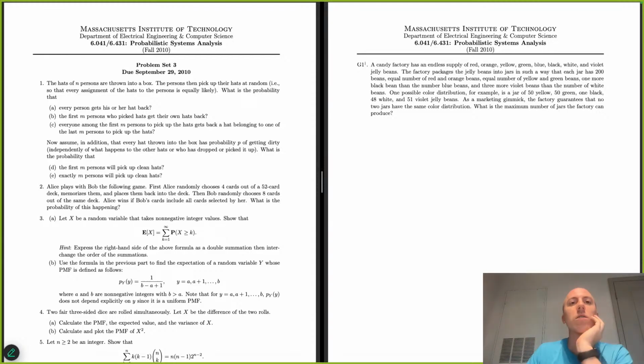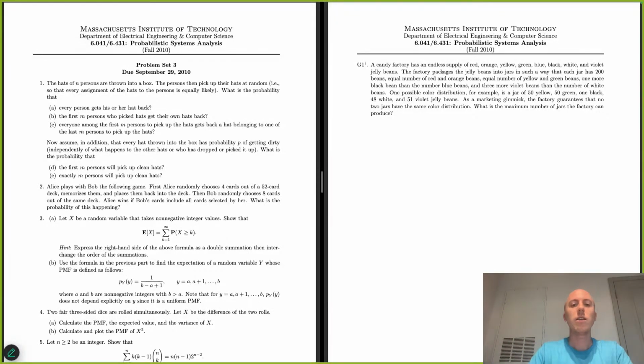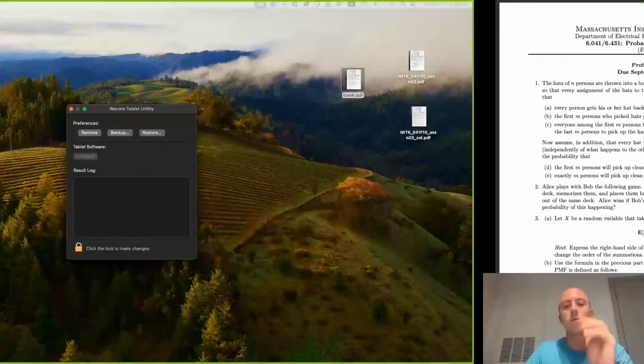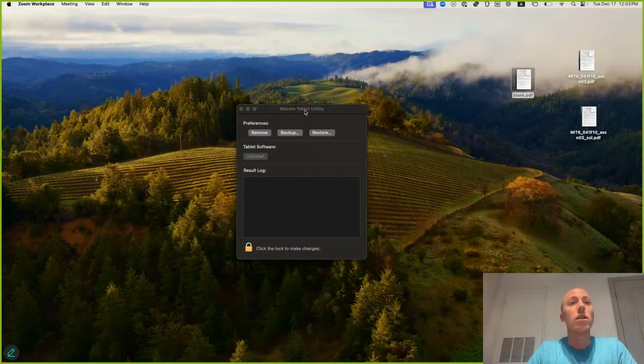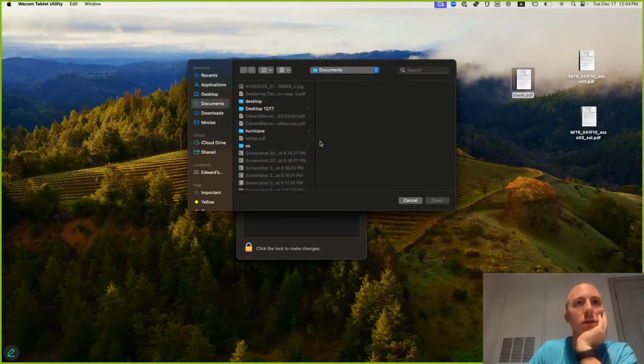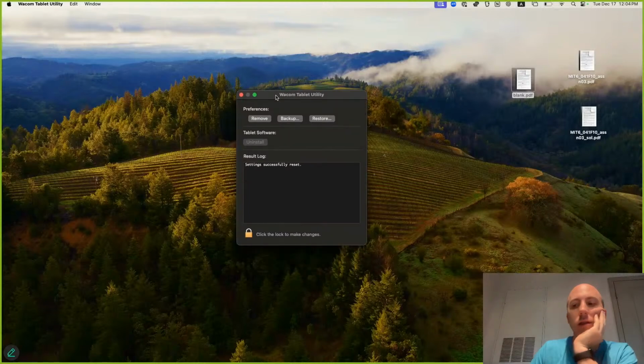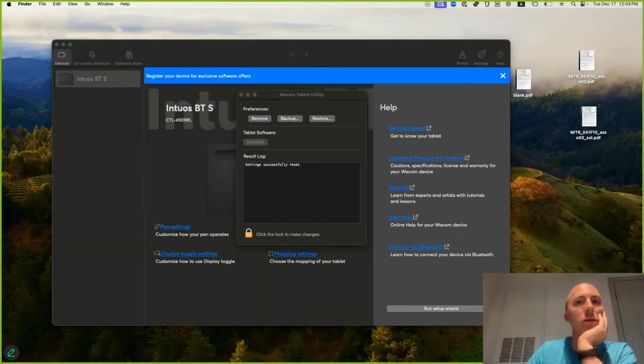All right, is this still working? Dang, this pen isn't working again. I guess I gotta do this every time. Remove it. What do I have to do? Restore it? No. Wait, is this working now?